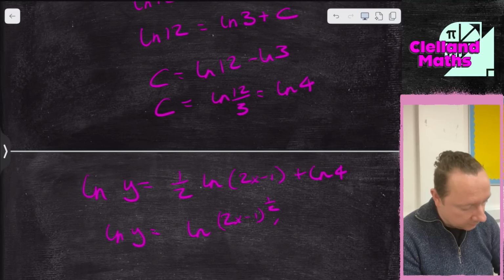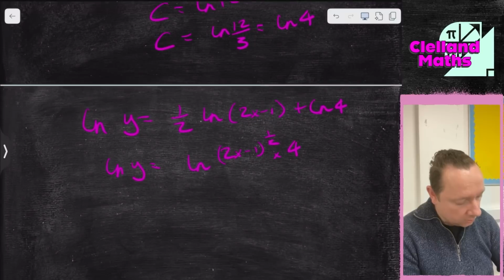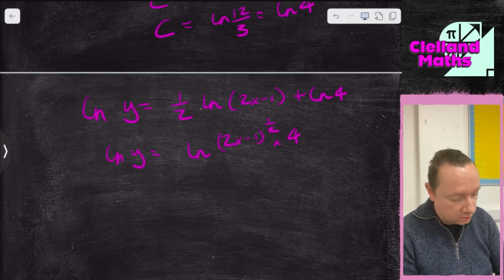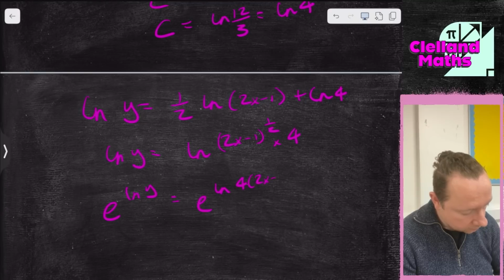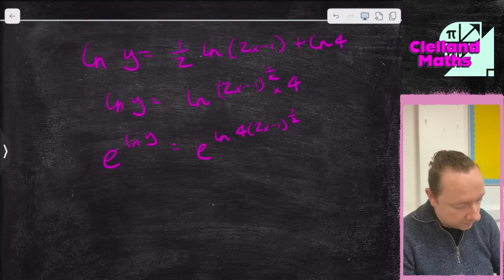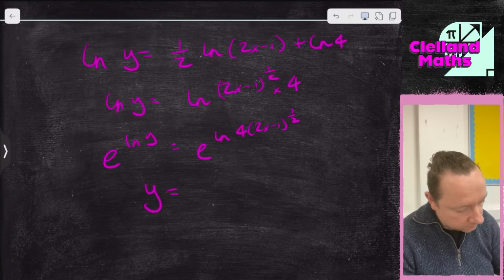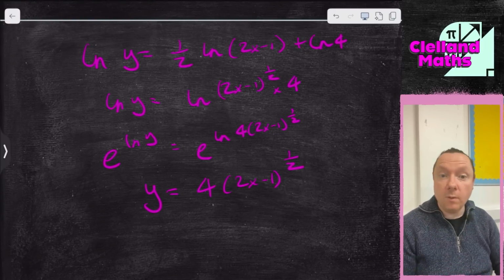Adding logs means times, so times 4. So now we can exponentiate both sides. So that means that y equals e to the log is just the thing, 4 times 2x minus 1 to the power of a half, and we're done there.